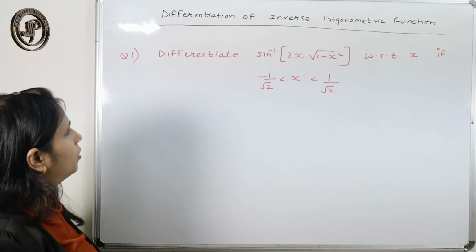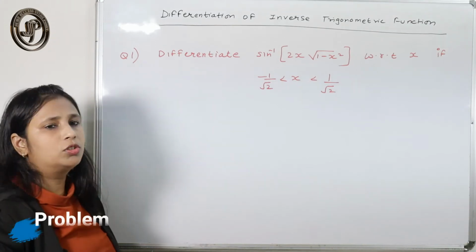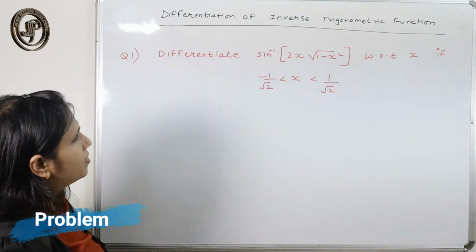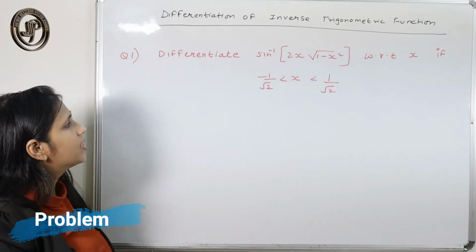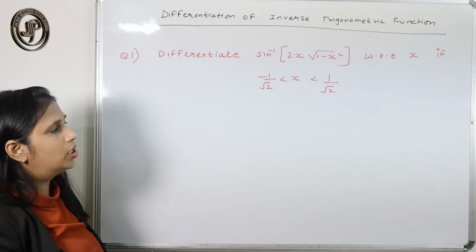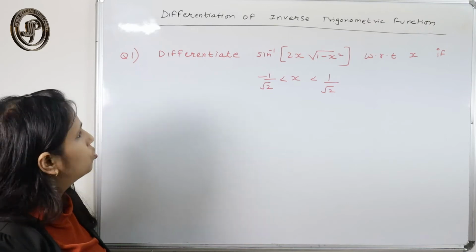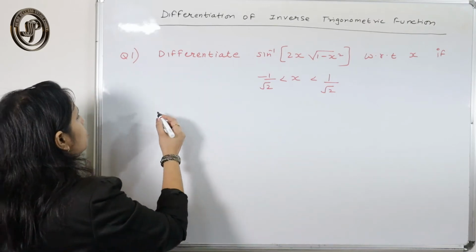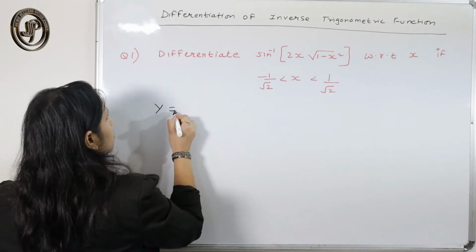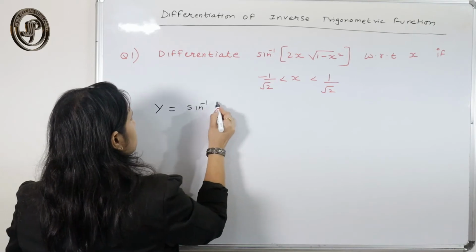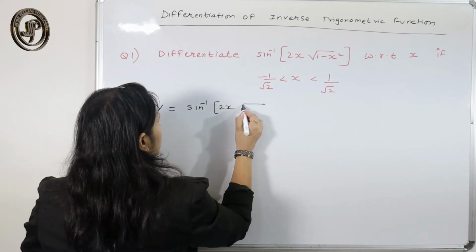We have a question: differentiate sin inverse of (2x under root 1 minus x square) with respect to x, if x lies between minus 1 by root 2 to 1 by root 2. How do we do this type of question? First we consider this as y, right?